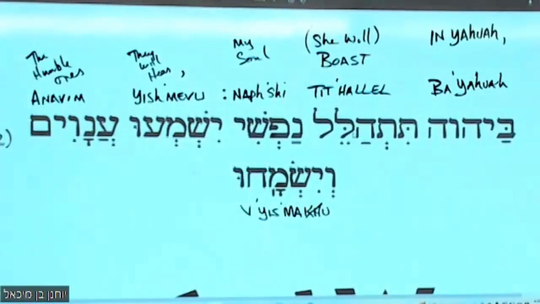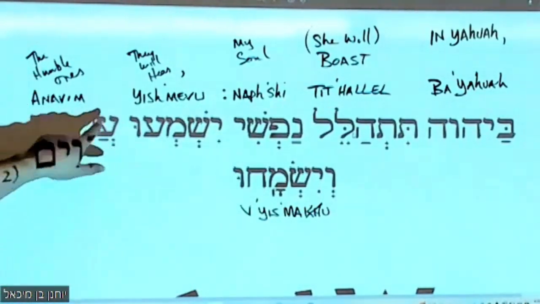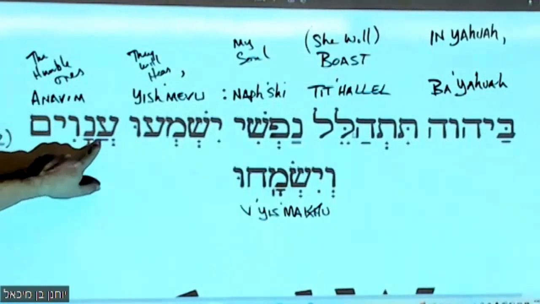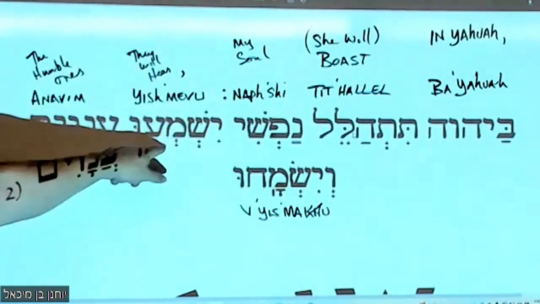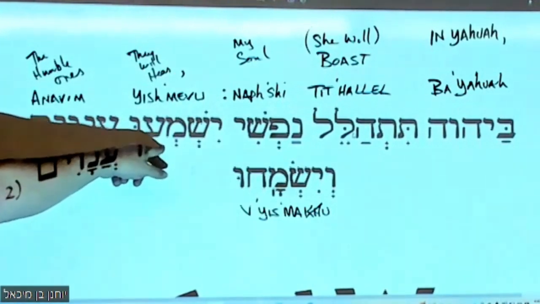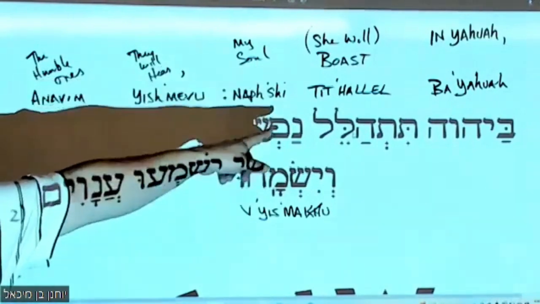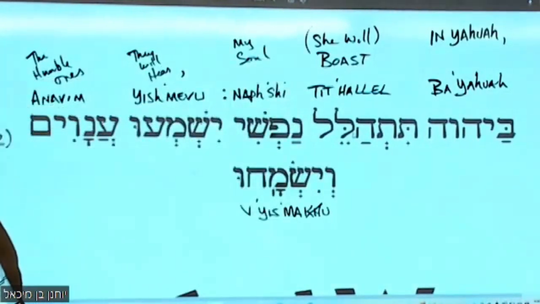So, and they will rejoice, which makes sense because these guys, the Anavim, they're going to do what? They're going to hear. What are they hearing? They're hearing the psalmist boast in Yahweh. And since they are the humble ones, since they are pious, they're going to rejoice because he's giving the Father praise. Does this make sense?